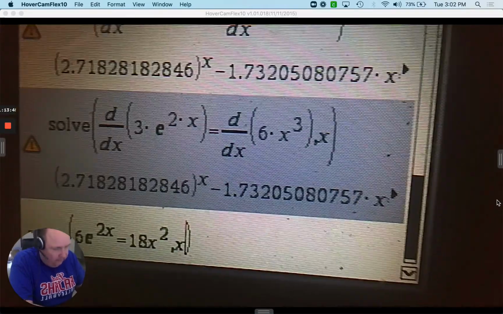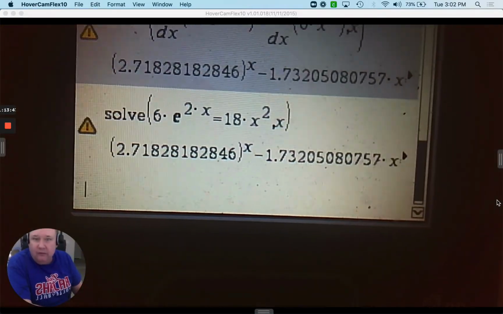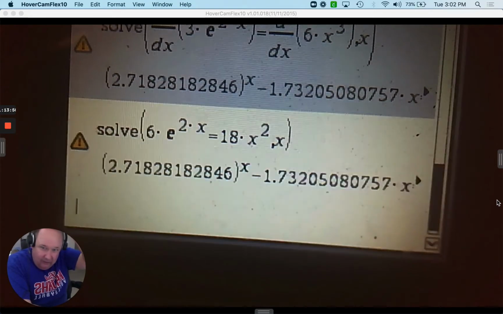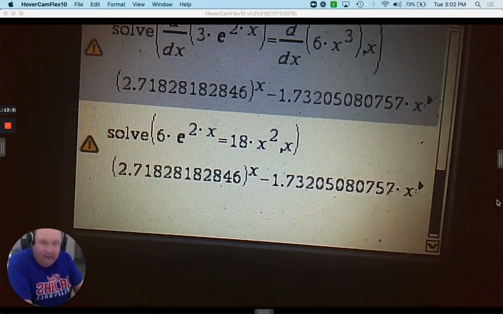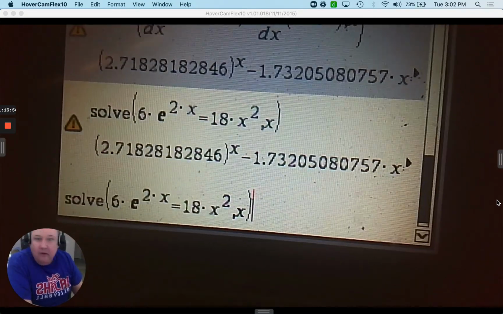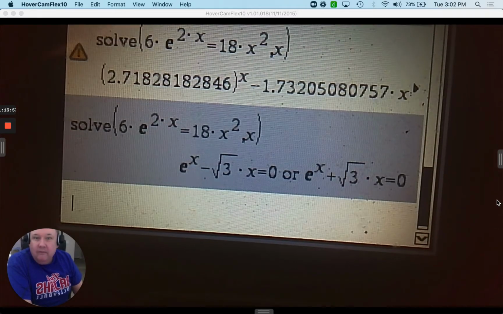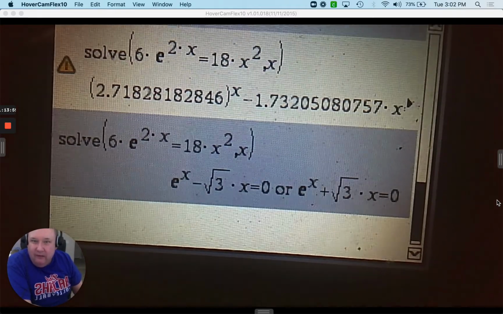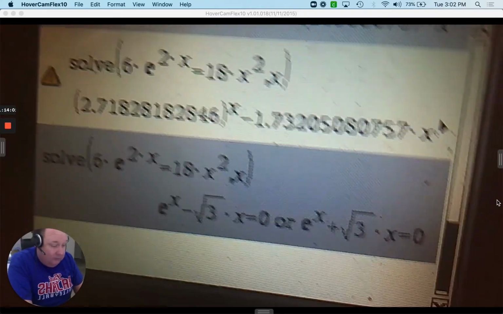And now let's see if we have an answer. So take the derivative first. I still get an awkward answer here. That's so sad. So either way, 6 times e to the 2x. All right, I guess we do have to graph it.